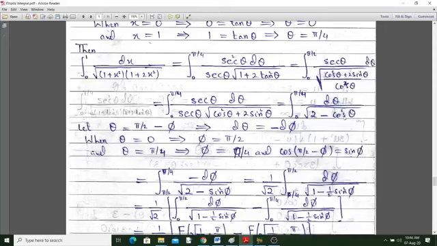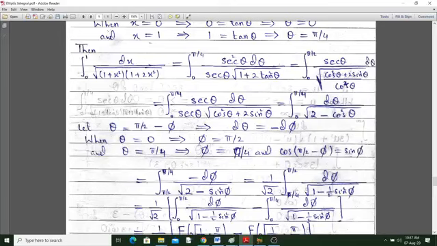So now we convert cosine square into sine square by taking the same transformation that we have discussed above many times. In order to convert cos into sin, we write the pi by 2 minus phi transformation, and from this we get d theta is equal to minus d phi, and when theta is equal to 0, phi is equal to pi by 2, and when theta is equal to pi by 4, we get phi is equal to pi by 4, and remember cos of pi by 2 minus phi is equal to sin phi.